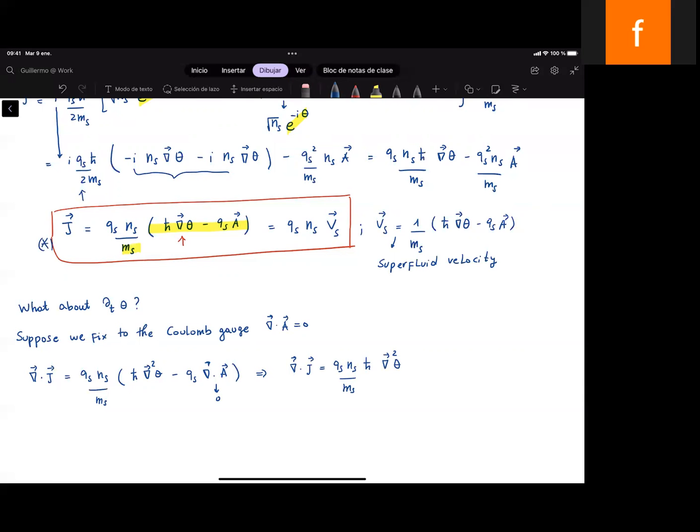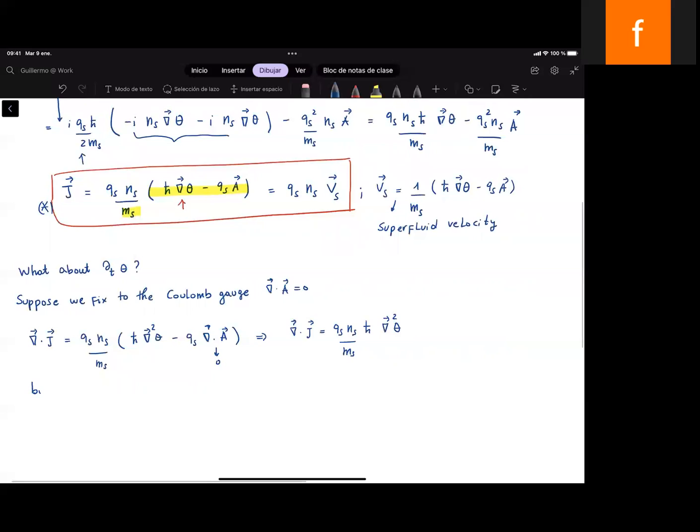But remember that we have the continuity equation: the derivative of the charge density plus the divergence of the density current is 0.